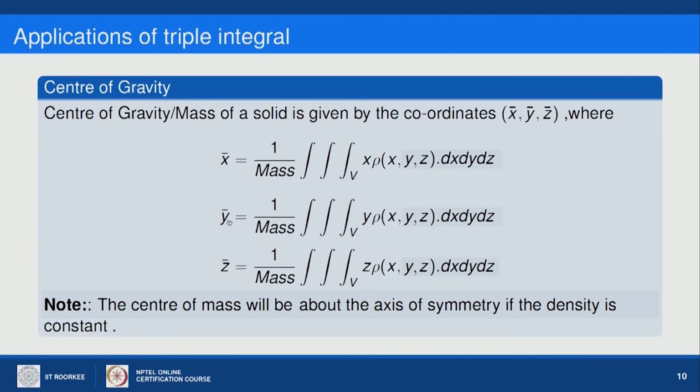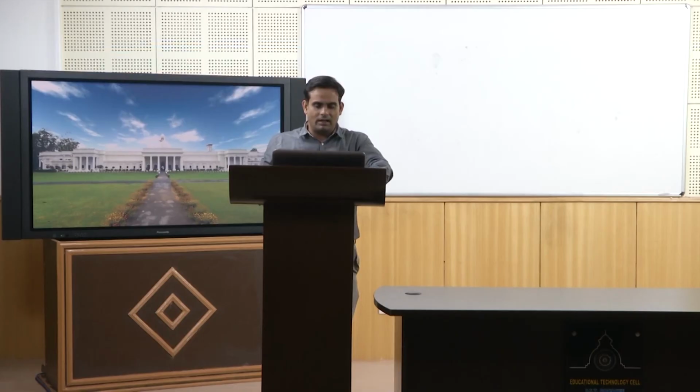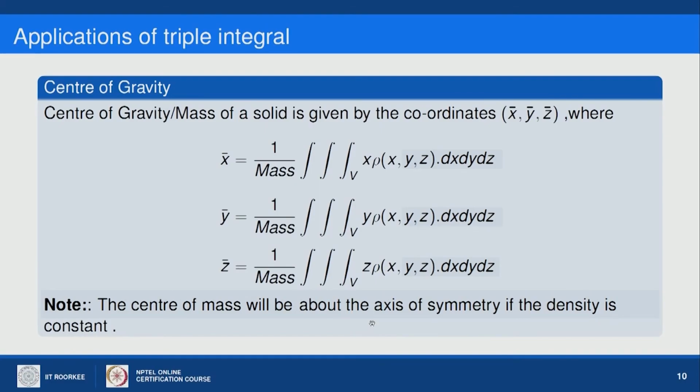Similarly, for y bar, just replace this x by y, and in z bar just replace this y by z. In this way we can calculate x bar, y bar, z bar, and please note here we need to calculate mass for calculating the center of gravity or center of mass. One more remark: the center of mass will be about the axis of symmetry if the density is constant.